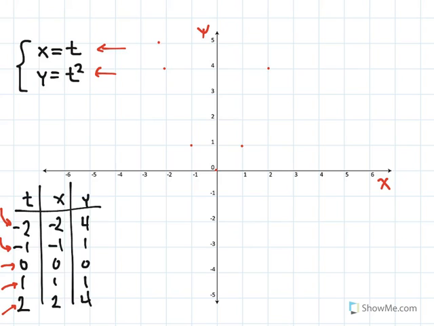And if we connect these points, they will be connected to give us this curve representing the object's motion in the xy plane, and the orientation of the curve will be from left to right.